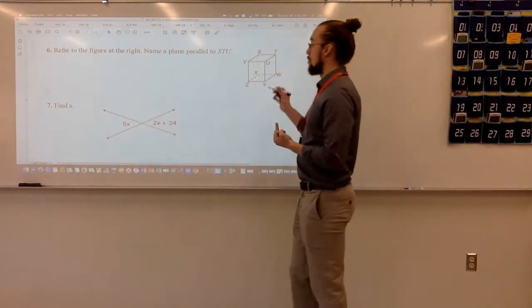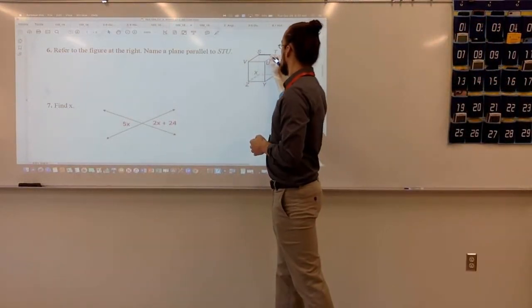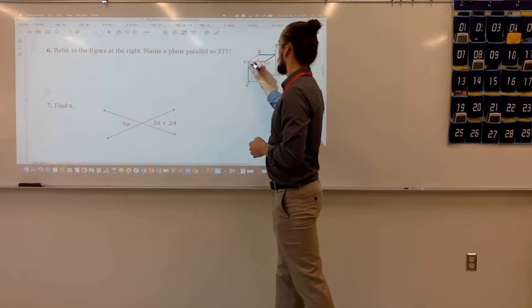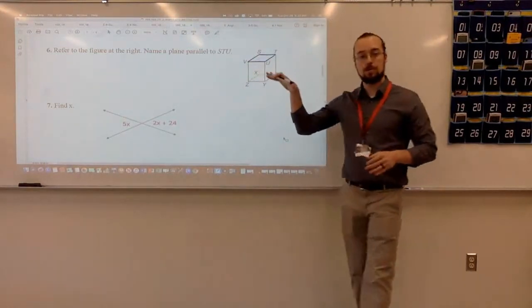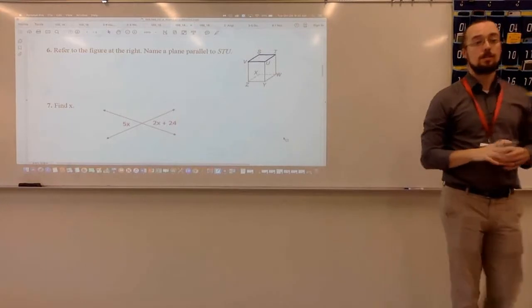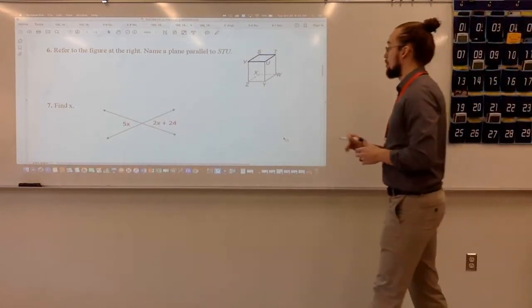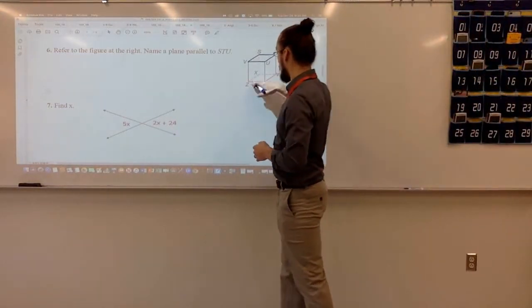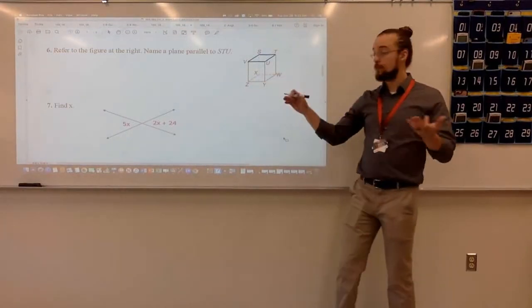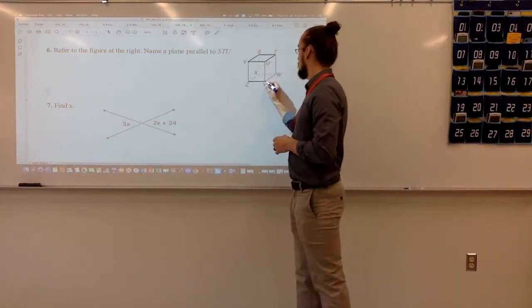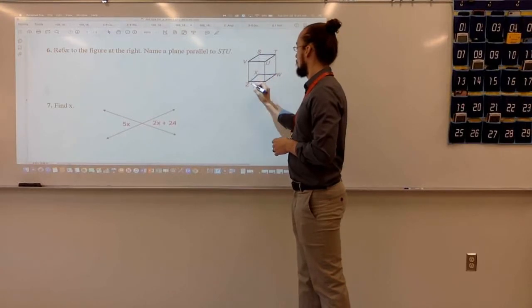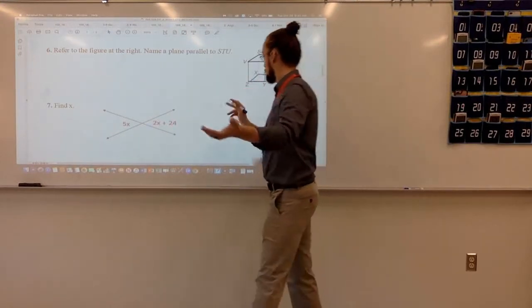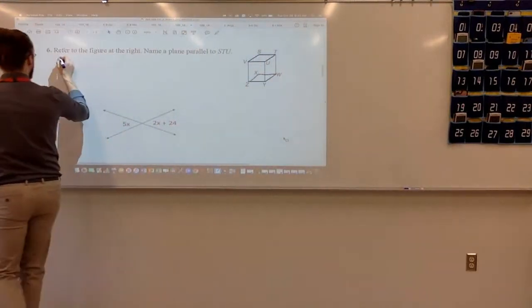Okay, so STU is actually referring to this whole plane here, the whole top surface. So, yeah, the bottom plane would be the one that's parallel. So we can name the bottom plane also using 3 letters. Okay, so sure, we can name it CYW. That would work.